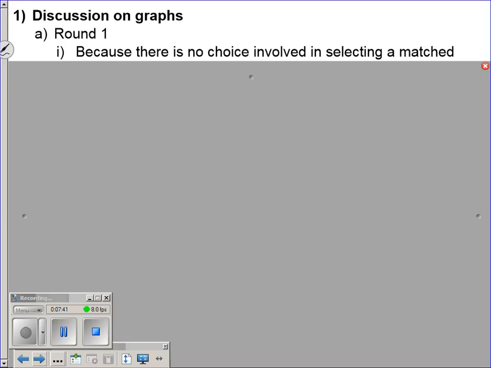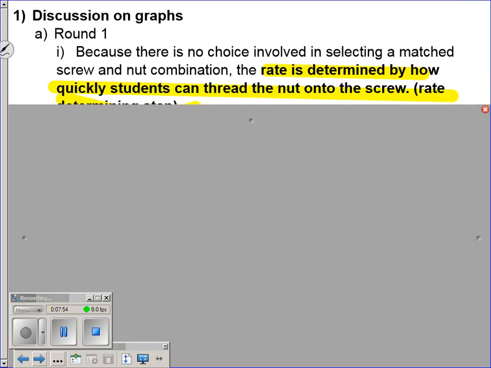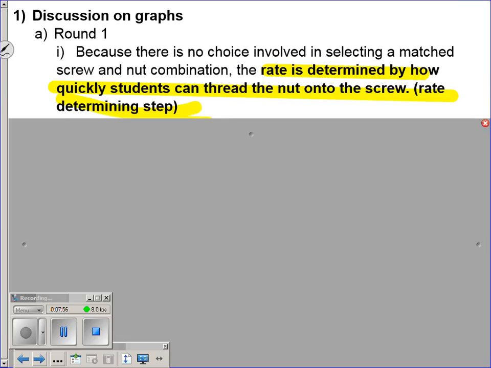So because there was no choice in selecting, we had that one nut that fit on the screw. There were no small ones or the 2 big ones that you guys experienced in round 2. That no choice situation means that the rate is determined by how quickly you can thread that on there, but not by the reactants, right? You weren't considering yourself a reactant.